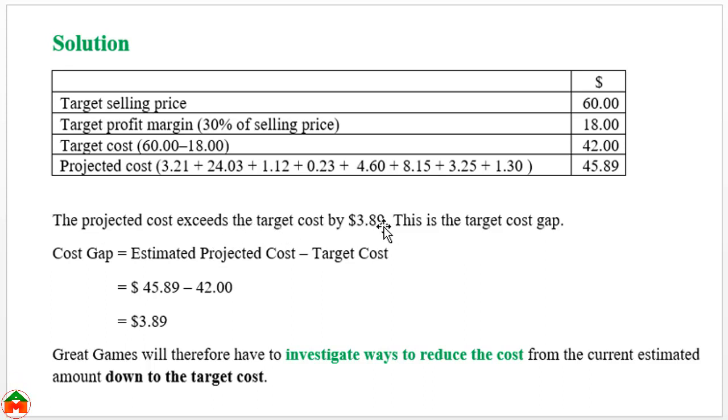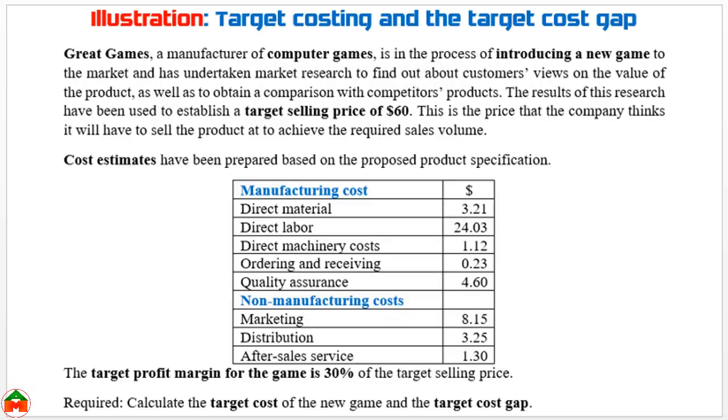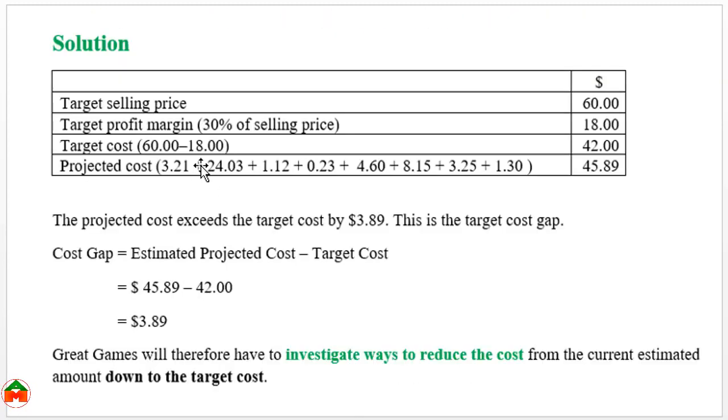How can we calculate this amount? To calculate the cost gap, we need to deduct the target cost from the estimated project cost. Here our target cost is 42 and our estimated production cost of that product, after adding all the amounts, is 45.89.